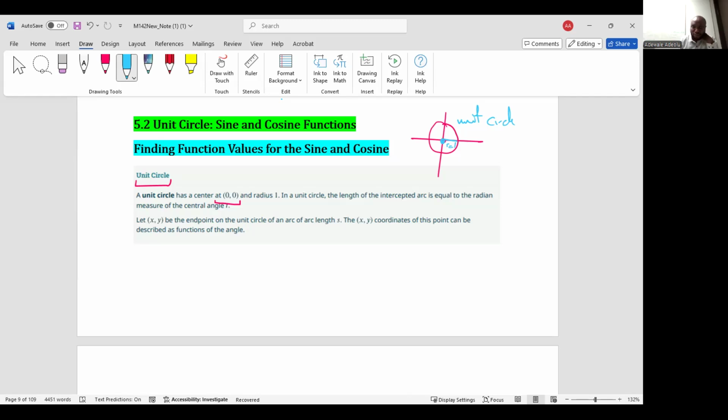In a unit circle, the length of the intercepted arc is equal to the radial measure of the central angle T. I was explaining this the other time.